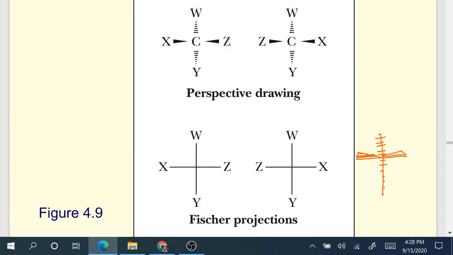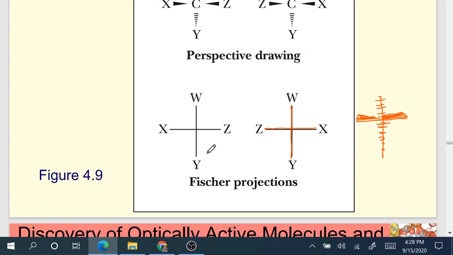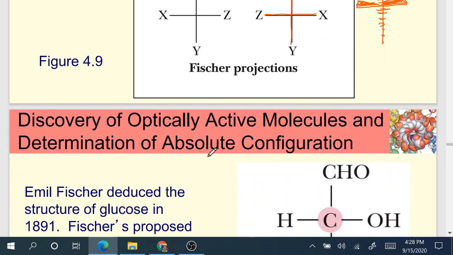So if we draw wedges and dashes, we would draw wedges on the horizontal, and dashes on the vertical, like you see here at the top. That Fischer projection is a way of representing the 3D shape of the molecule with just lines, which is much easier if you're doing something large like a sugar.